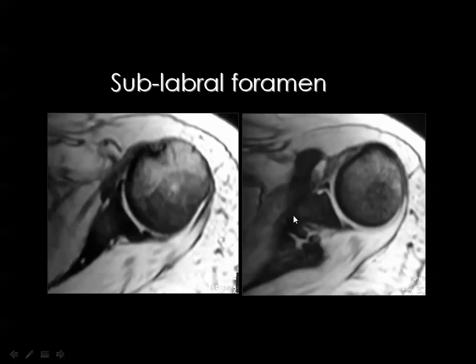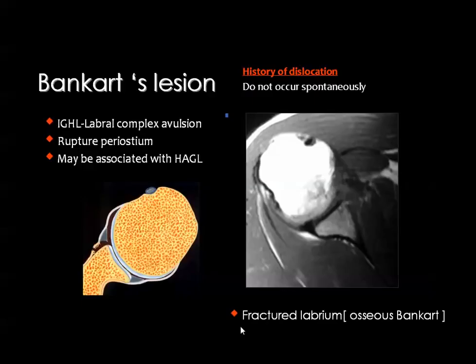Sometimes in some patients you can see this foramen, so many radiologists may misinterpret this as a labral tear, which it is not. If you want to see any abnormality in the anterior labrum, please go to the level where you can identify clearly the tendon of the subscapularis muscle.